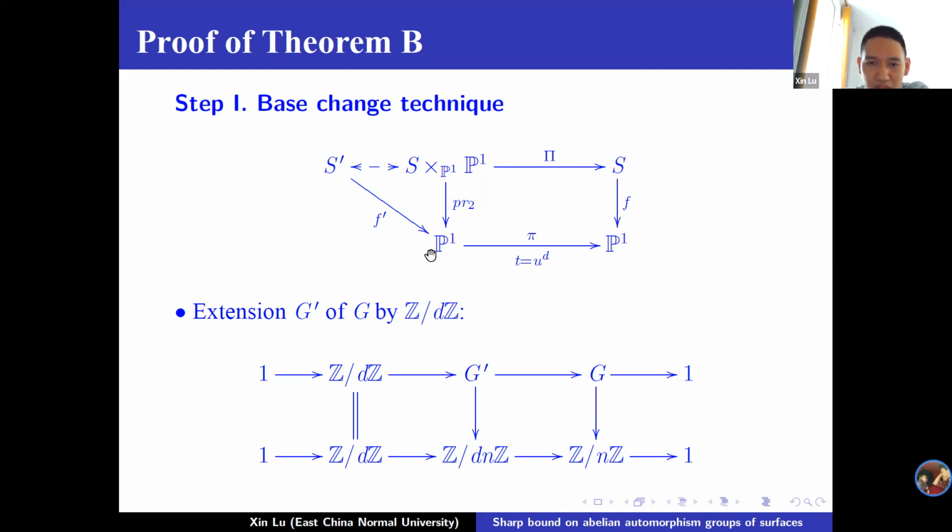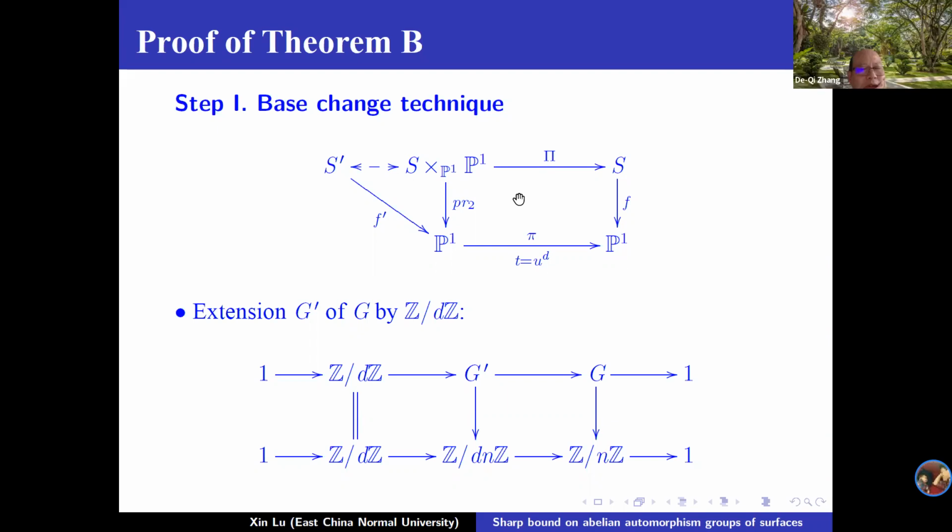Then we take this extension, and we can write down explicitly the action of this G prime on this product. And from this expression, we can see that G prime is abelian.